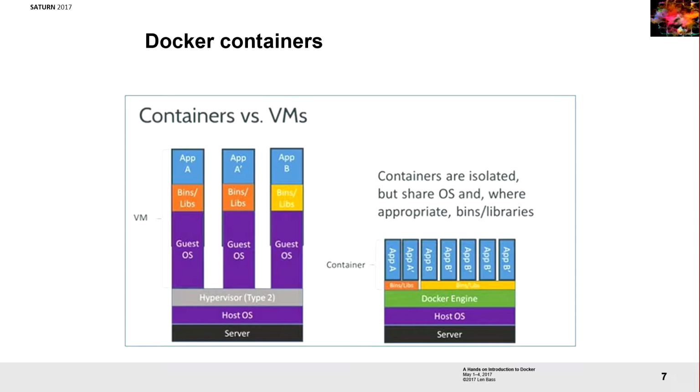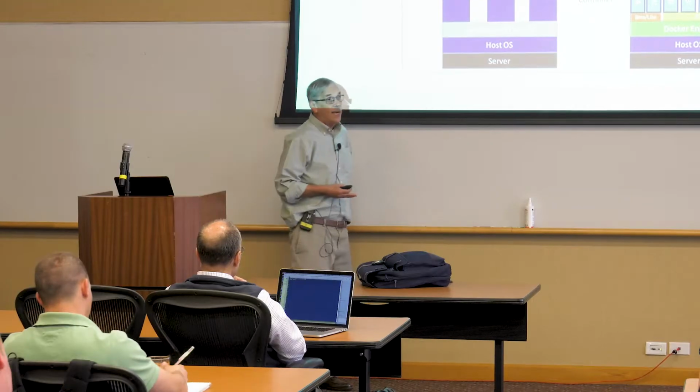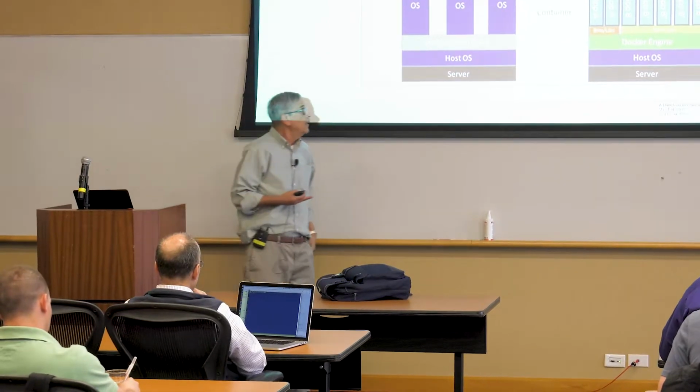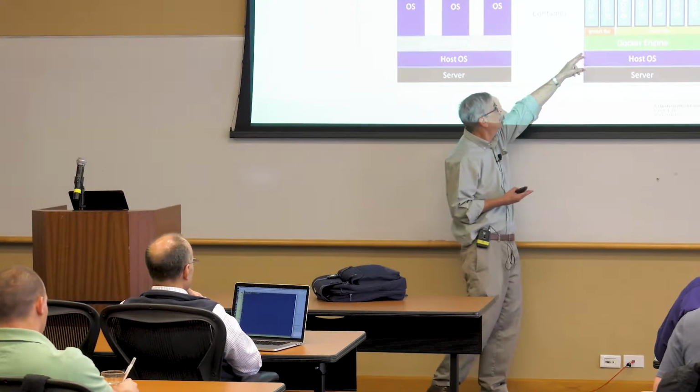So this is one of the pictures that the Docker people generated. If you look at the virtual machine world, everything is isolated in a silo. So your silos include your operating system, any libraries you use, and your application. Docker has sharing.